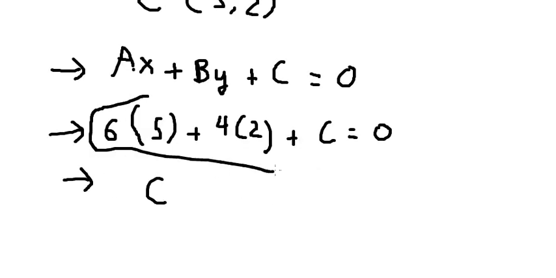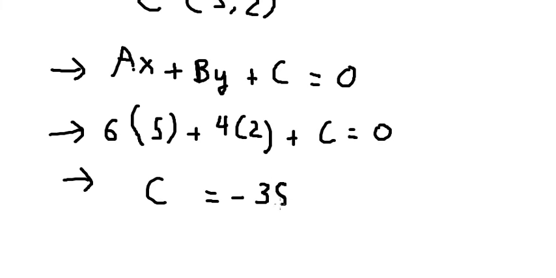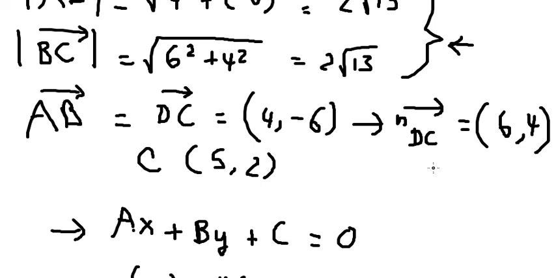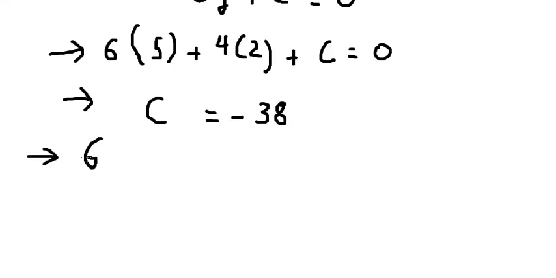So we calculate this one, and I will move this one to the right. And we have C equal to negative 38. So we have the final answer, that is 6x plus 4y minus 38.